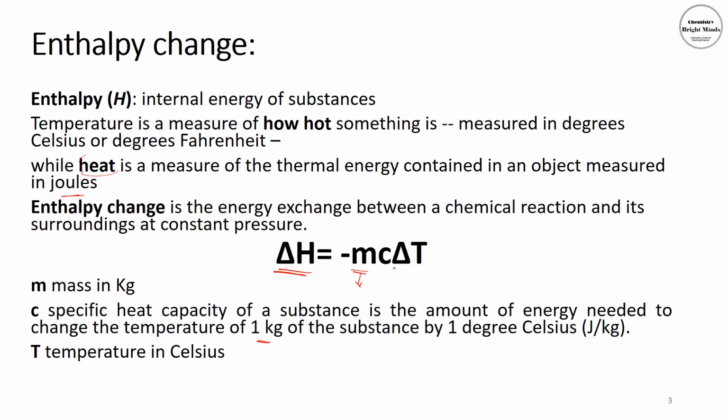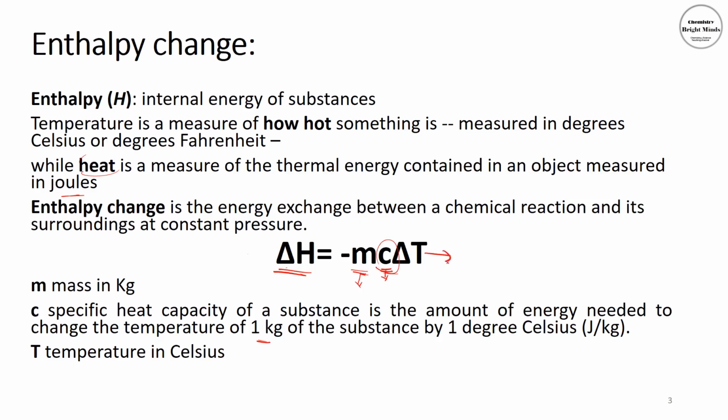The last factor is delta T, which reflects the temperature change of my substance. The specific heat has a specific value that we can obtain from specific heat tables, a parameter that doesn't change.